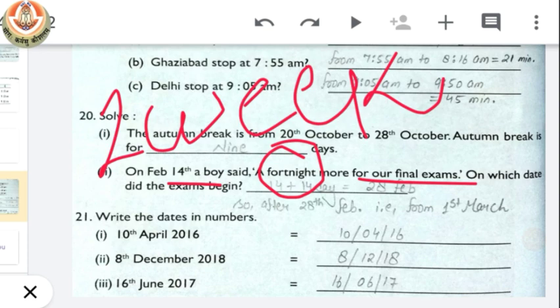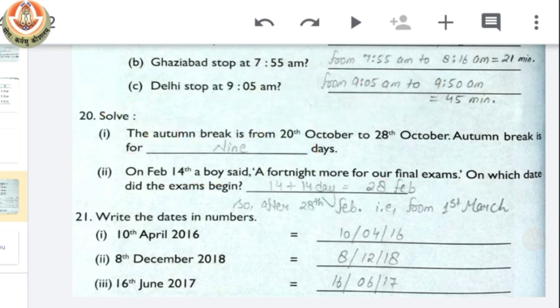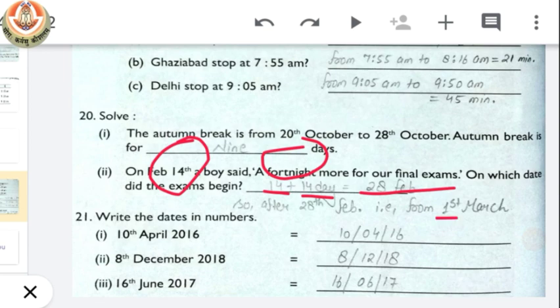So when the boy spoke it was 14th of February. Let's add 14 days, a fortnight, to the 14th of February. So we get 28th of February. That means the exam starts the day after 28th of February, that is 1st of March.